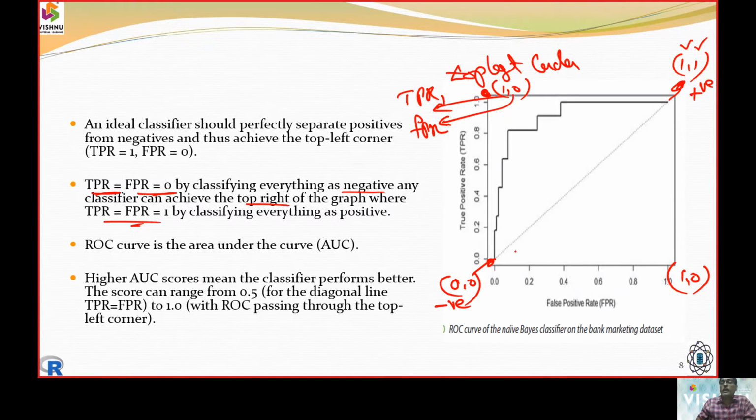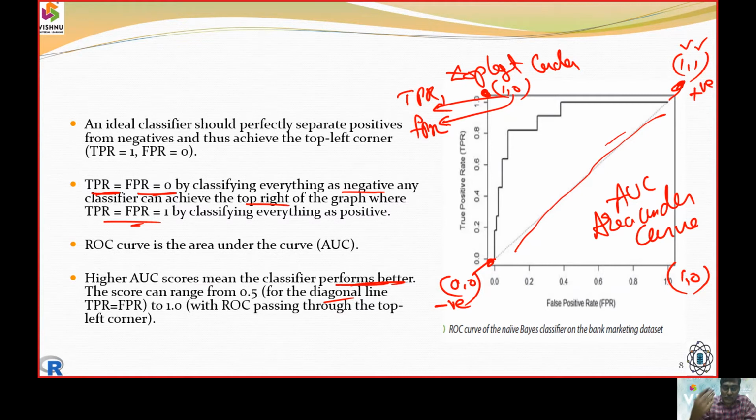Now, the part which is below this curve, we are going to call the area under curve. So the graph we draw should be above it. Then we can say the classifier is performing better. Above the diagonal, the graph should be there.